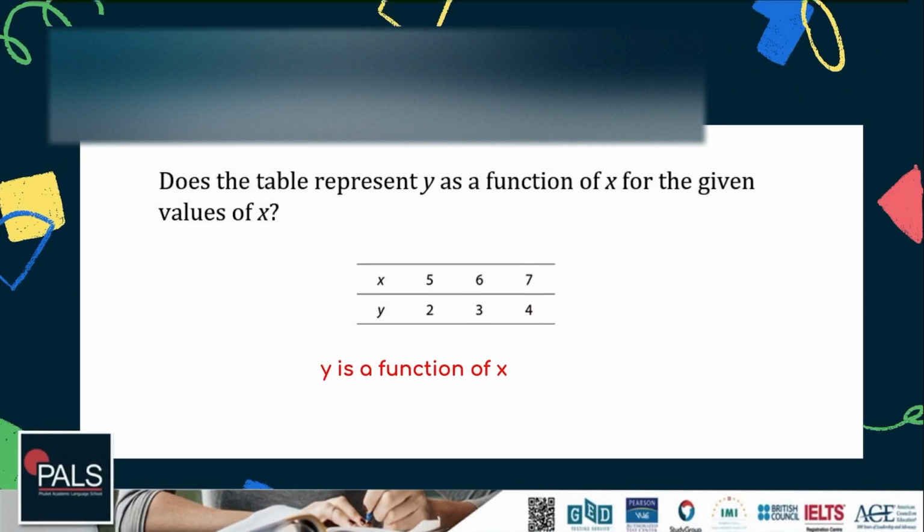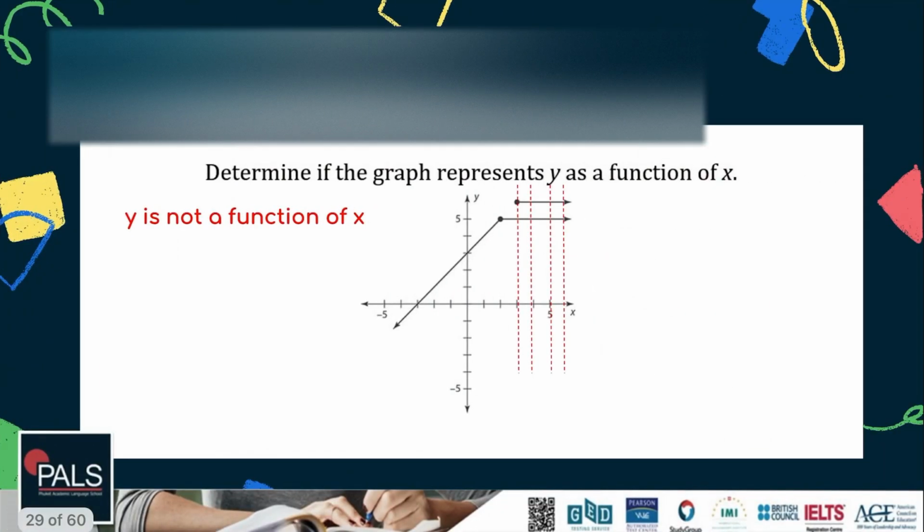How about this table: 5, 2, 6, 3, 7, 4? It's a one-to-one function. For each x you get one y. So this is a function. The answer for this table is y is a function of x.